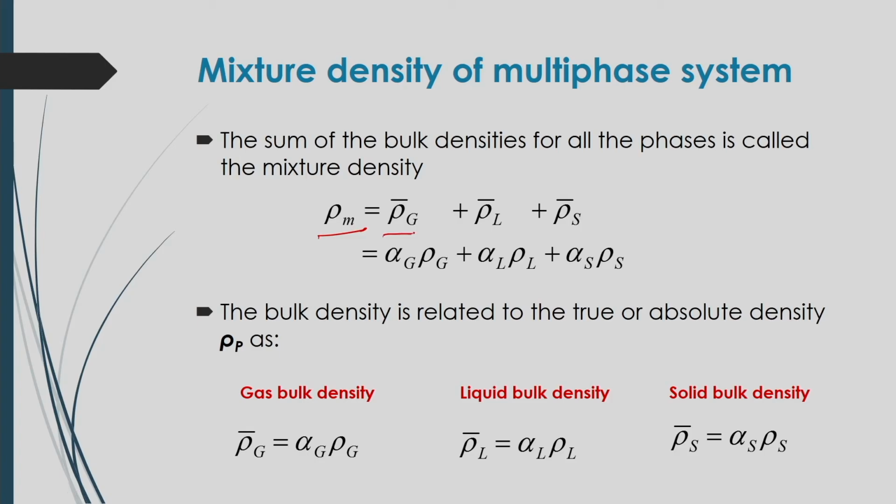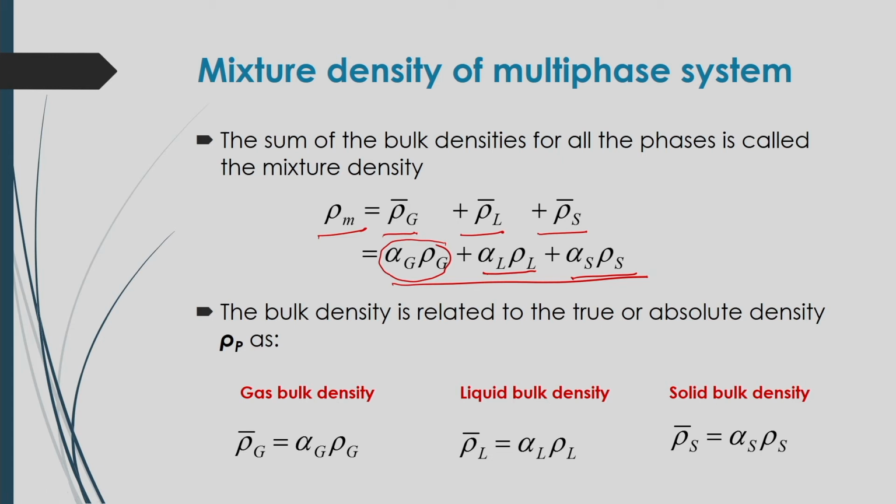That will be the summation of actual gas density, actual liquid density and actual solid density. The actual gas density is represented by the volume fraction of the gas times the density of the gas, and similarly for density of the liquid and volume fraction of the liquid, and also density of the solid and volume fraction of the solids. If you sum all these up, you will get the mixture density.